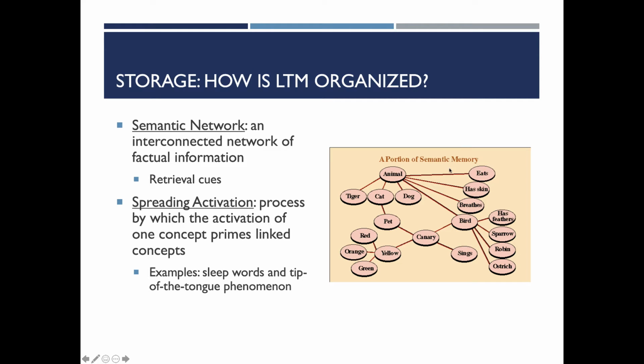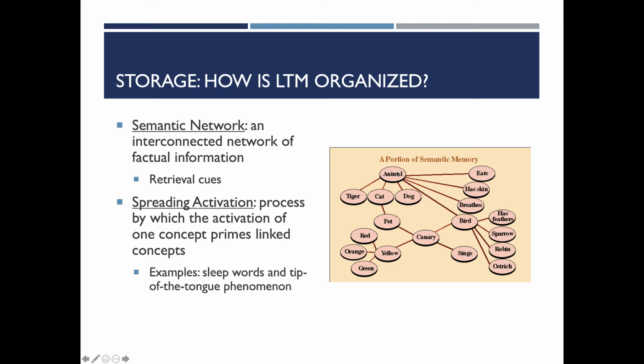So how is our semantic memory organized? Your semantic network, all of the facts that you know, are connected to each other. So if I ask you to think of the word animal, think of this as a node, this little oval that says animal.